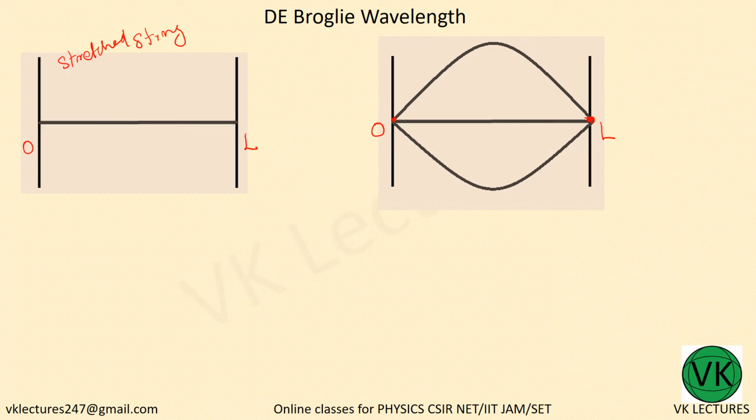So L is equal to half of the wavelength, that is lambda by 2. Now this is the node, and these two ends are antinodes. So n equal to 1. Since n equal to 1, this is called the fundamental overtone.